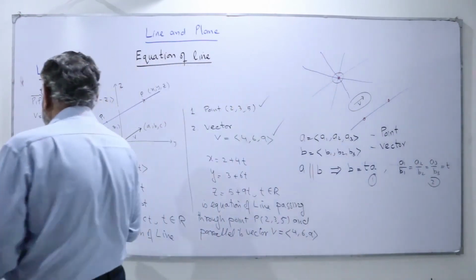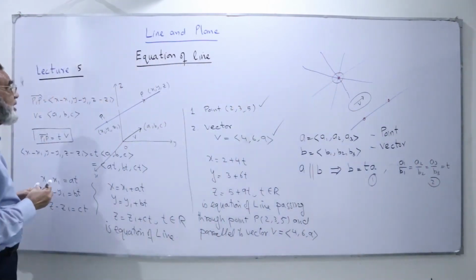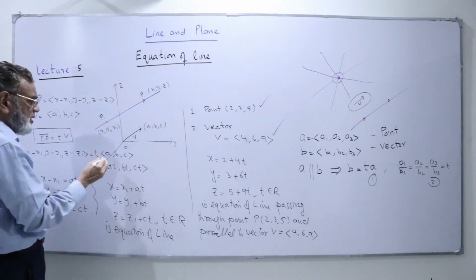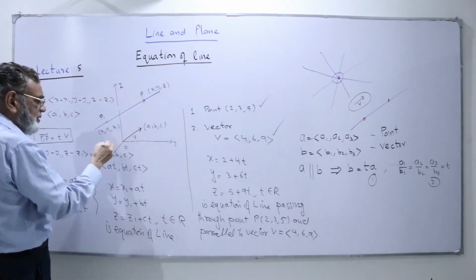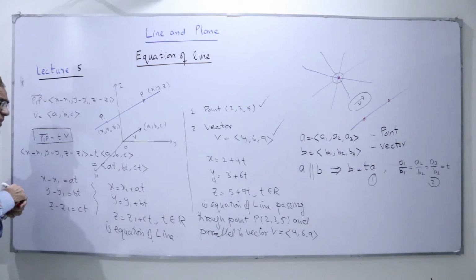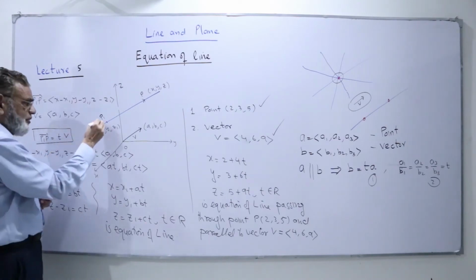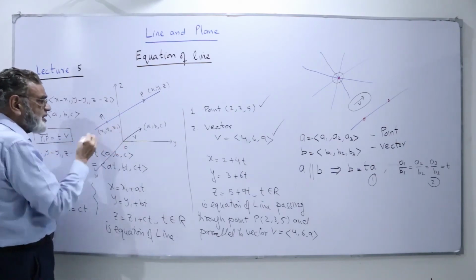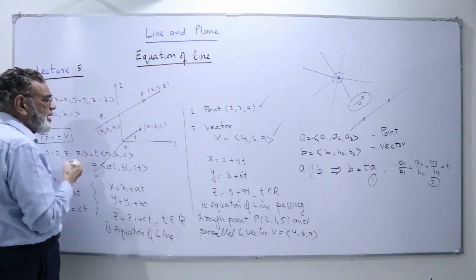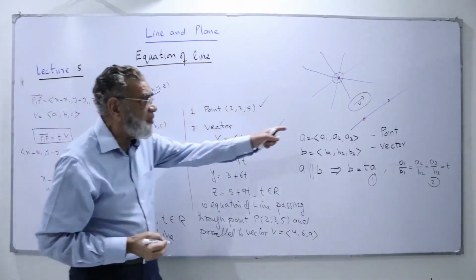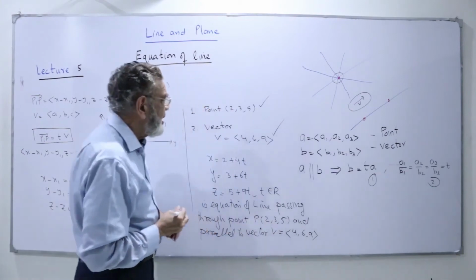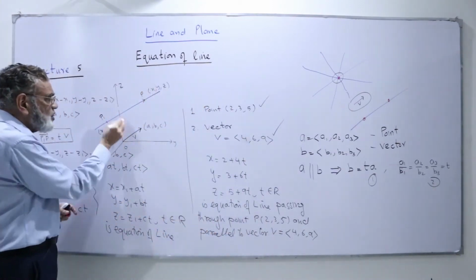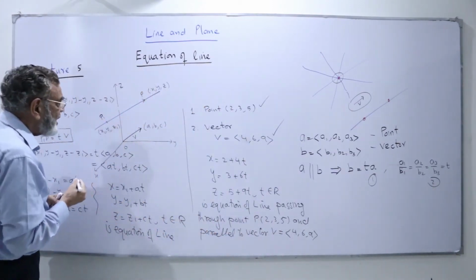Just making a quick revision of the things we have done. We want to find the equation of the line in 3 dimensions, in xyz space. We have a fixed point P1 in space, x1, y1, z1. We take any point P on the line. We then have the vector v, and we say these two are parallel.